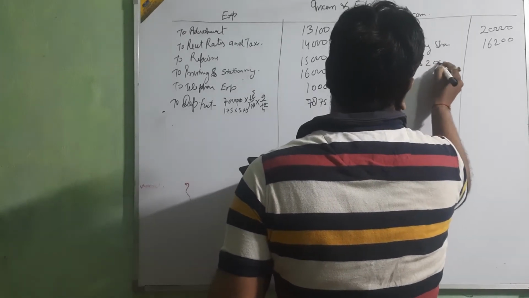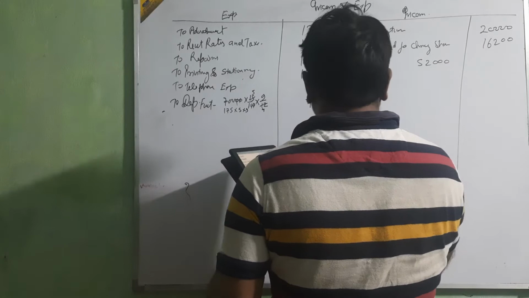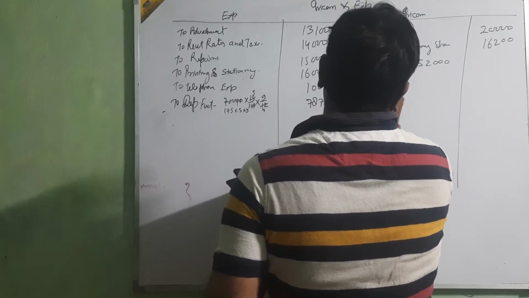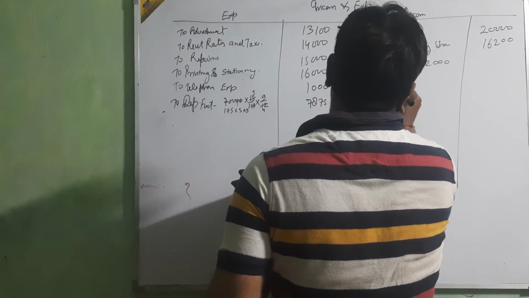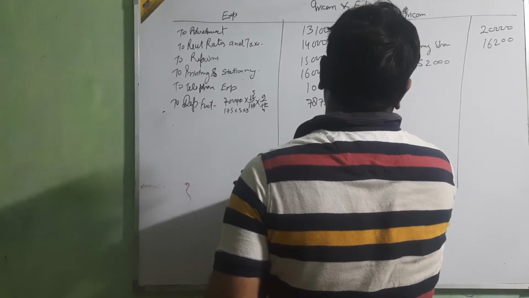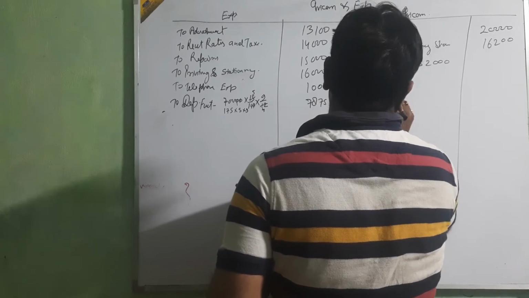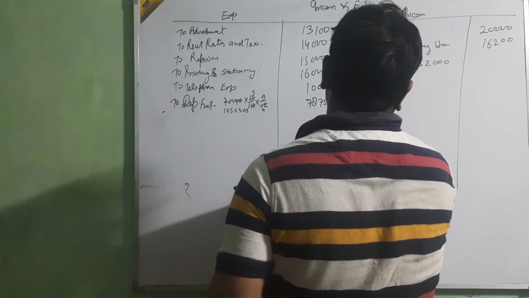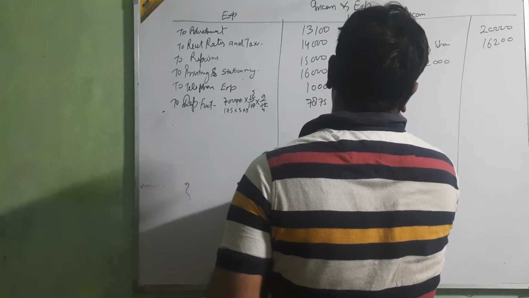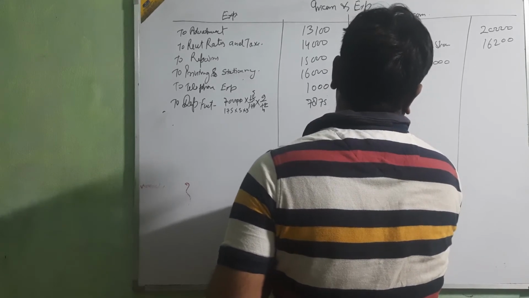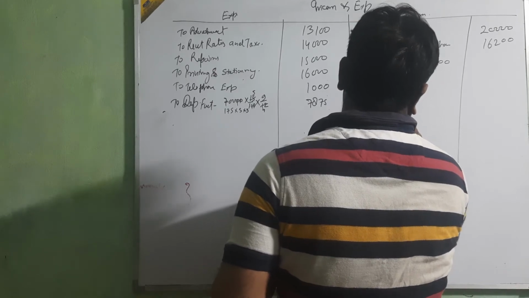Then subscription. Subscription amount 52,000, I think. Okay, then add outstanding current year, add advance last year, less outstanding last year and advance current year.